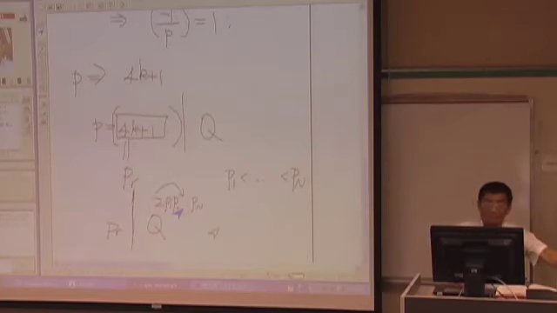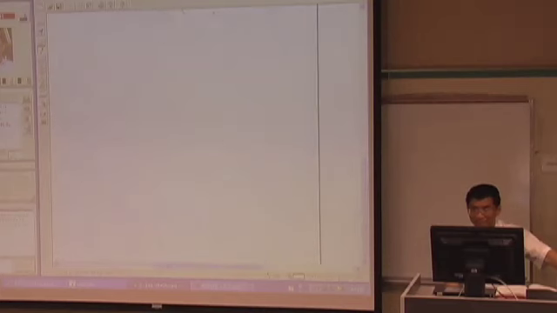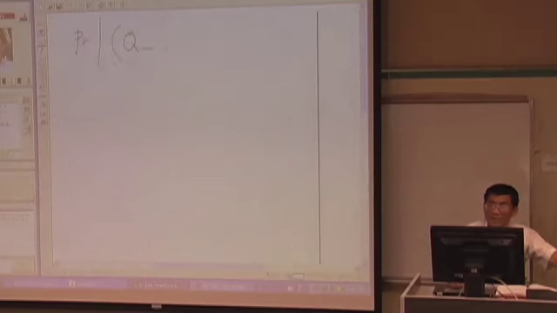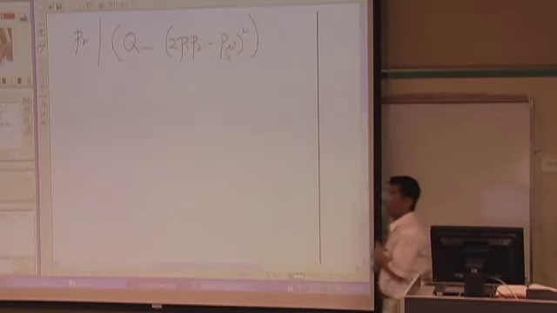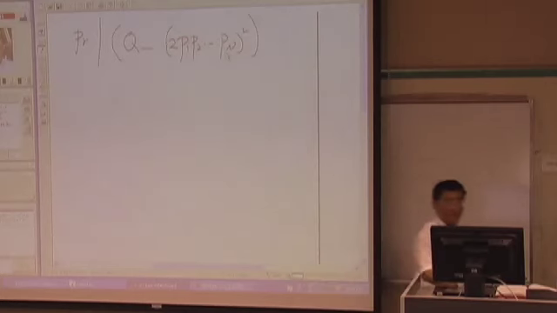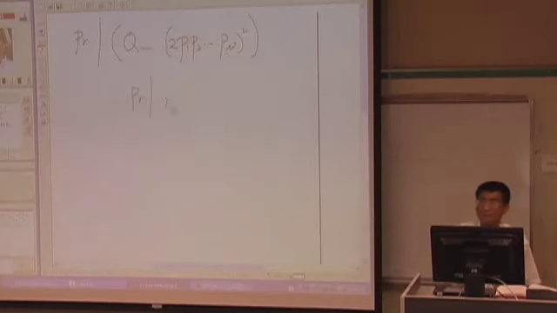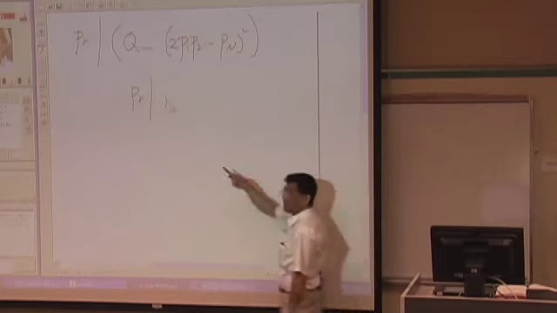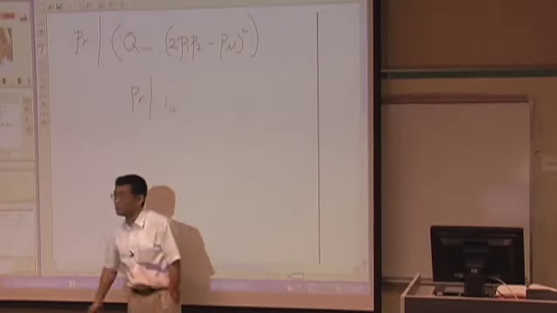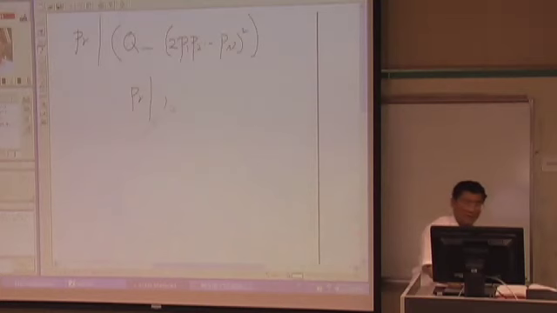In other words, Pr divides Q minus 2P1P2 up to Pn, squared. What is this number? 1, right? So Pr divides 1. Is it possible? A bigger number divides a smaller number? Impossible. So, contradiction.